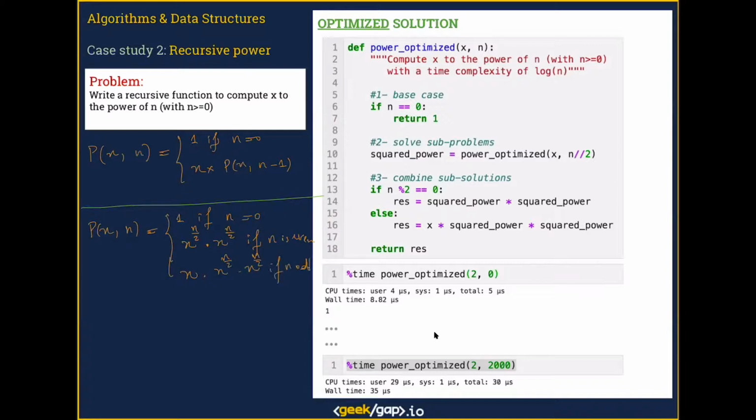Does that make sense? Because let's see how.